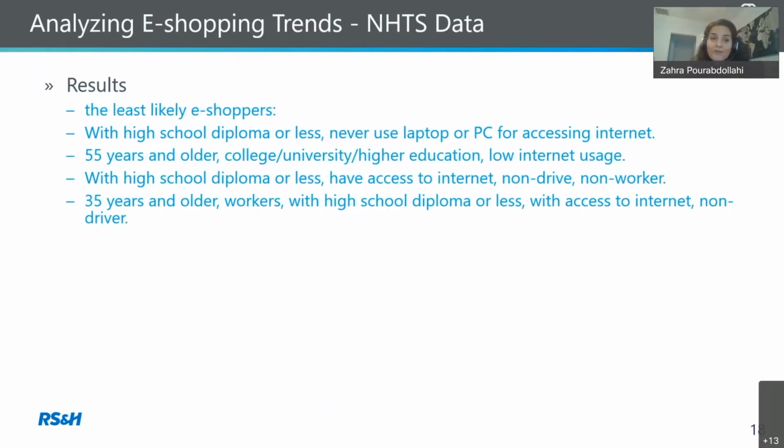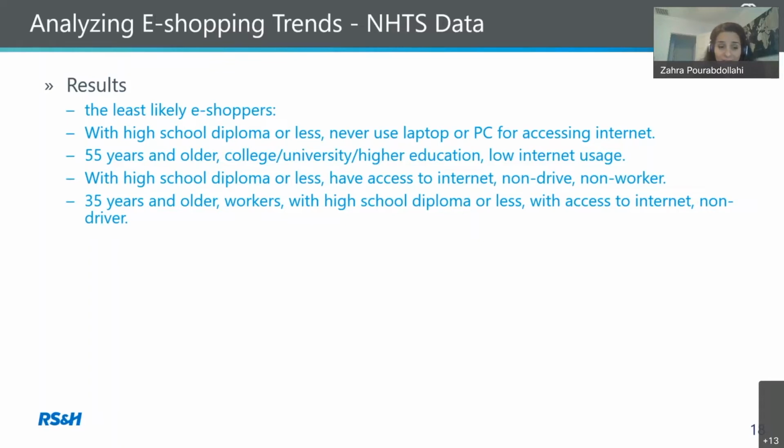The results showed that the least likely online shoppers are individuals with lower education, like high school diploma or lower, who never use a laptop or PC to access the internet. Those are the least probable online shoppers. This was followed by Americans of age 55 years and older with higher education than high school, but very low internet usage, like a few times a month.